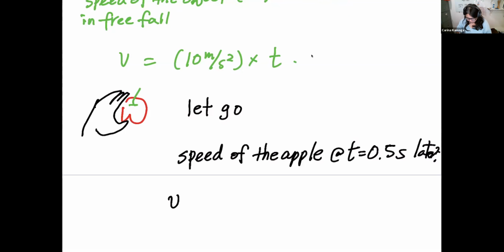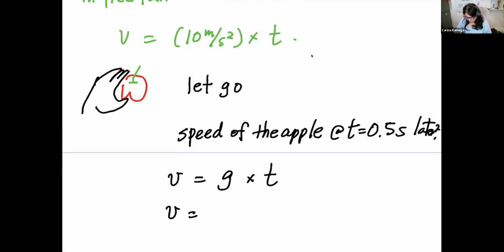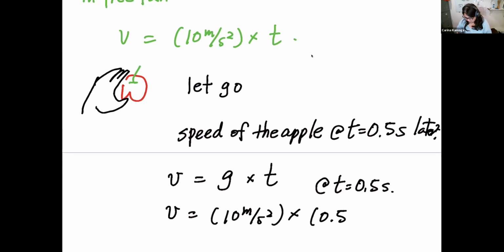The speed of the apple is the constant acceleration, in this case g, times time. So the speed of the apple at t equals 0.5 seconds later is g, 10 meter per second squared, times 0.5 seconds.